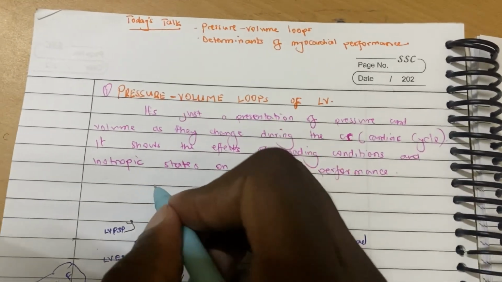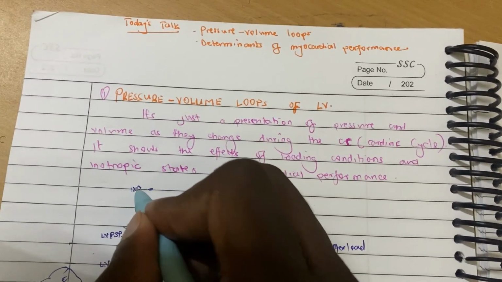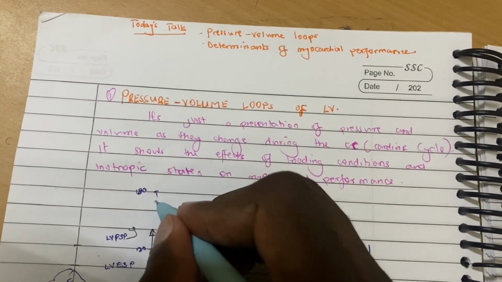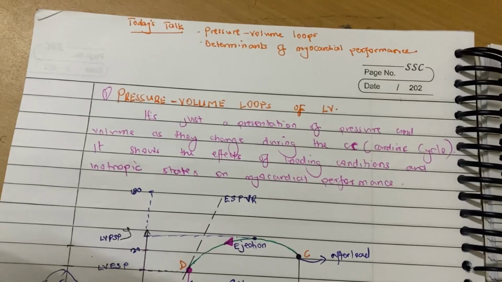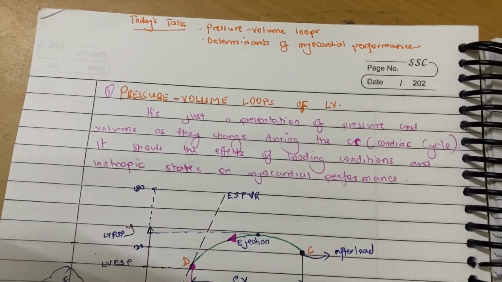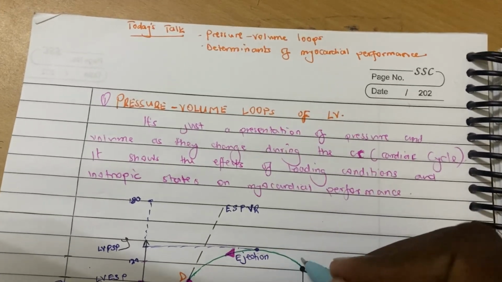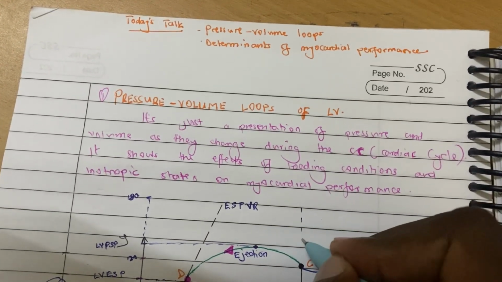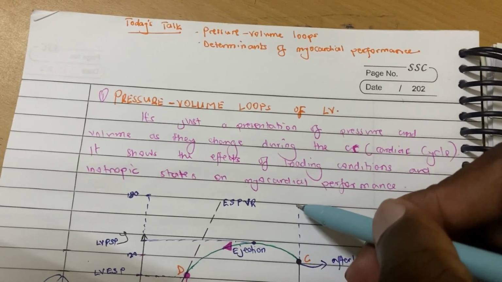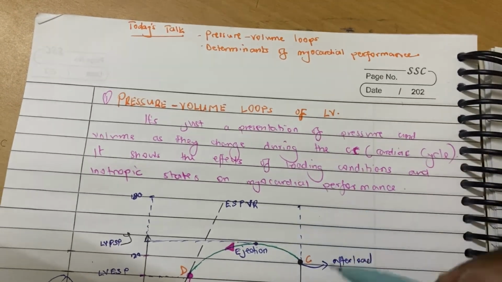Where is 180? 180 can be this side. So if you extrapolate this, in hypertension, where the pressure is 180, this vertical line will continue up to this point. So this is extra.